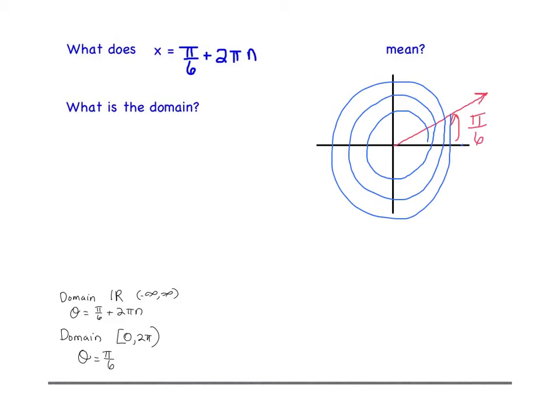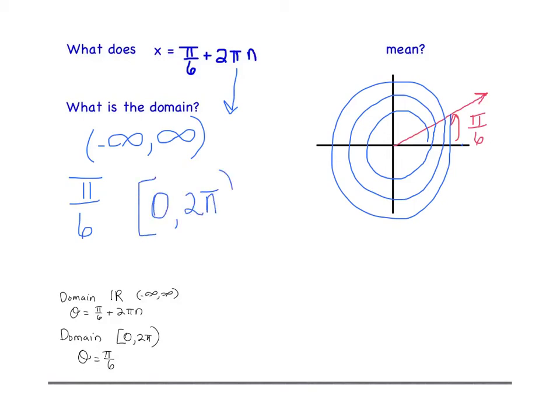The domain, if I have this part right here, is from negative infinity to infinity. If I just have pi over 6, the domain is going to be, just like I have it written at the bottom, 0 to 2 pi, not including 2 pi. So this means all the coterminal angles to pi over 6.